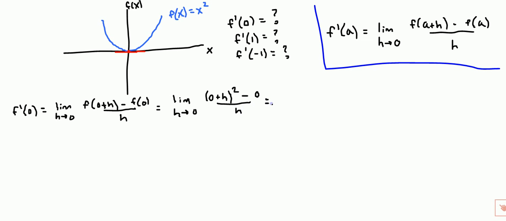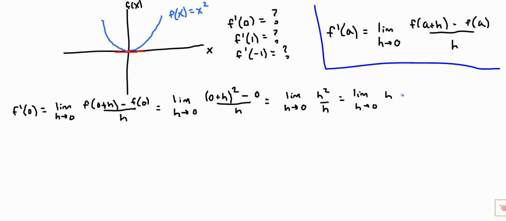This is just going to be h squared. So we're left with the limit as h goes to 0 of h squared minus 0. That's just h squared over h. So that's the limit as h goes to 0 of h.